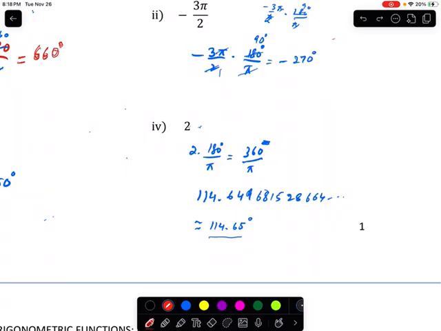You can take your calculator and approximate the value. In this case, we are getting a little more than 114. So we round off to 2 decimal places to get 114.65 degrees.